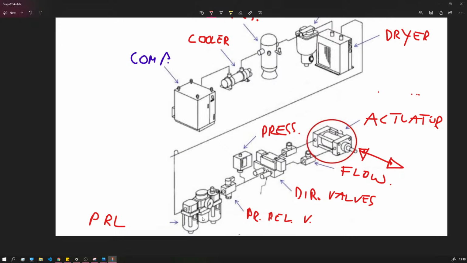So it has a filter. The filtration level of the air in the mains line may not be that clean, but we can make sure that the air going into our machine is as clean as we need. So we may have multiple filters here.